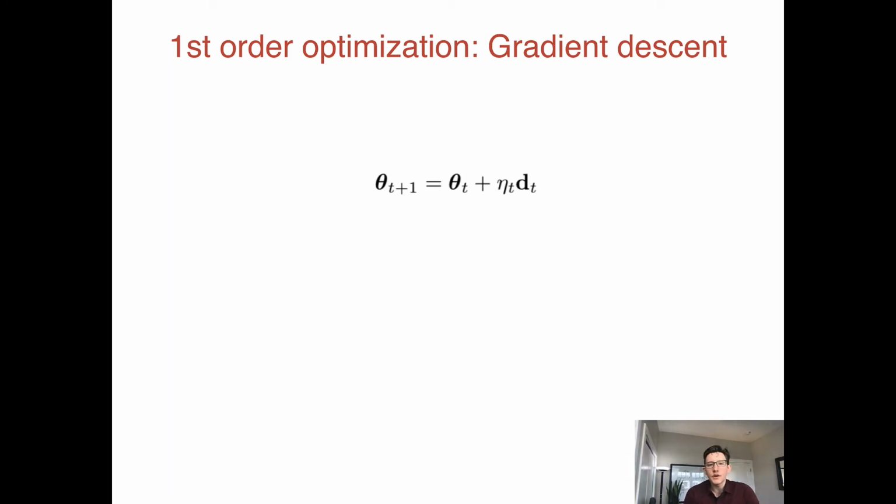But we start with some initial values, and then we iterate this update: theta t plus 1 equals theta t plus some scalar value that we've written here as nu t times dt, which is our descent direction.